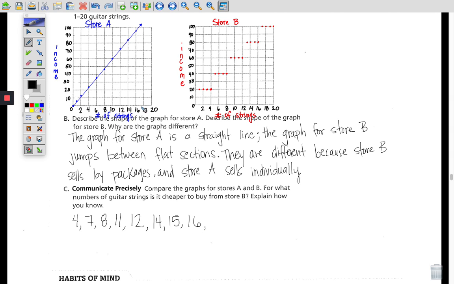And then it looks like 17 would have been above 100, which it's right at 100 here on store B. So 17 through 20. 17, 18, 19, or 20. So it would be cheaper if you needed this amount from store B, or to buy from store B.